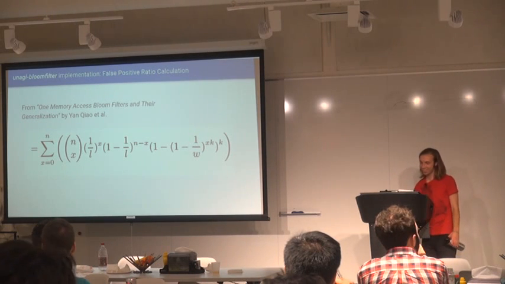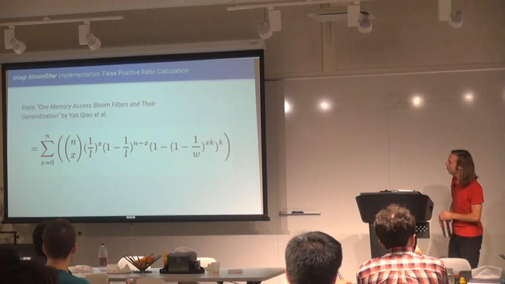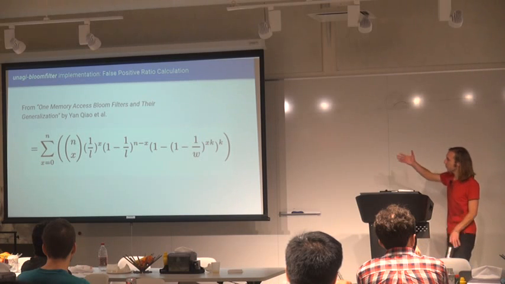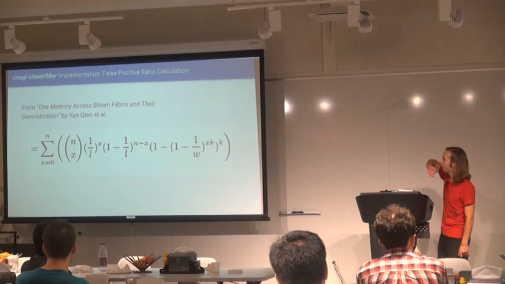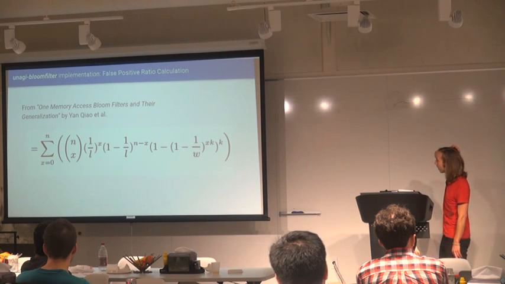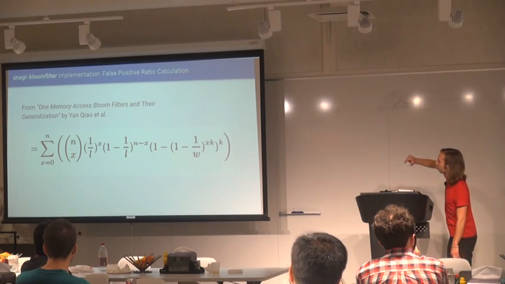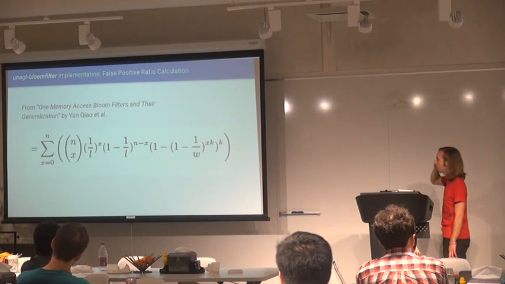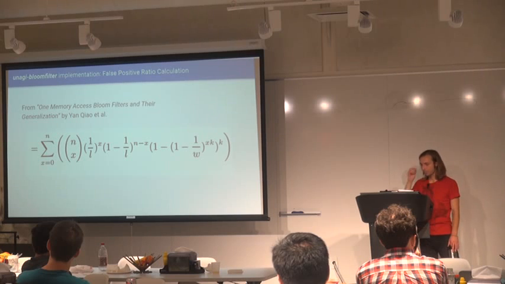Math. This is another really useful thing that I learned over this project. This is the formula for the false positive rate of the Bloom filter in the variant that I'm using. It represents the false positive ratio given different parameters and a certain number of elements that have been inserted into your queue.